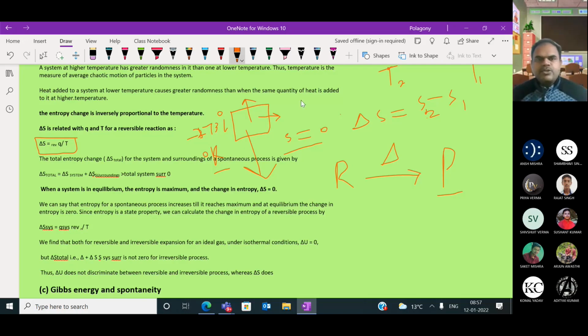So the reason for the entropy is that heat energy difference, right? So this is entropy, the thermodynamic state function of the second law of thermodynamics, and the rest of the things we'll discuss in the next class, about one more thermodynamic property, Gibbs energy.